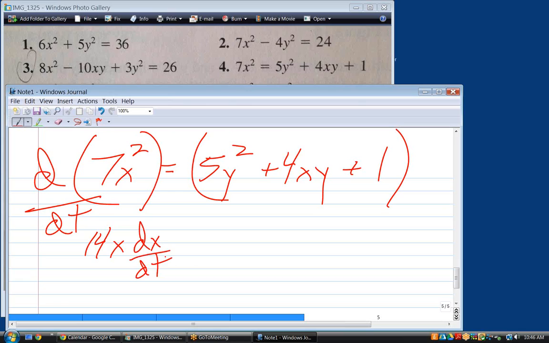So it doesn't matter what variables are. If you run into a variable that is different than the denominator differential variable, then you have to follow it with the chain rule, basically. And that's what this is. Okay?